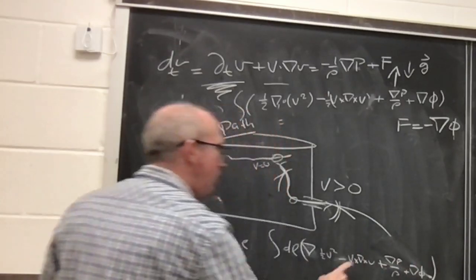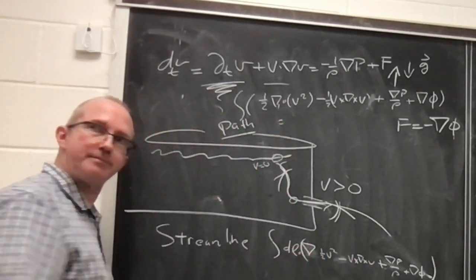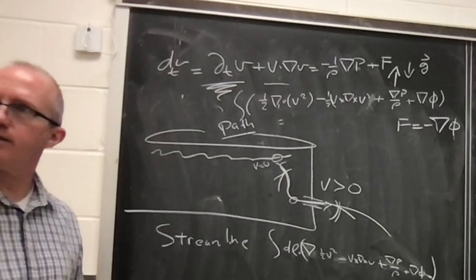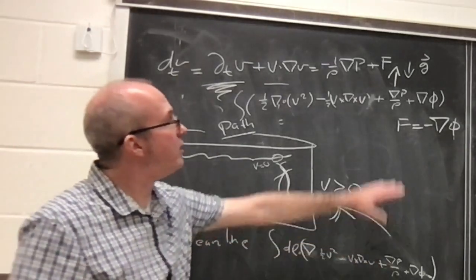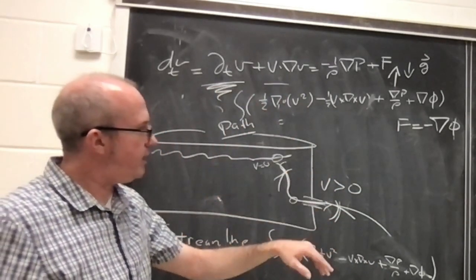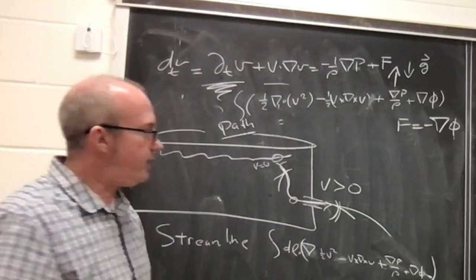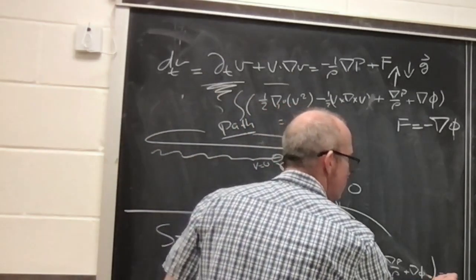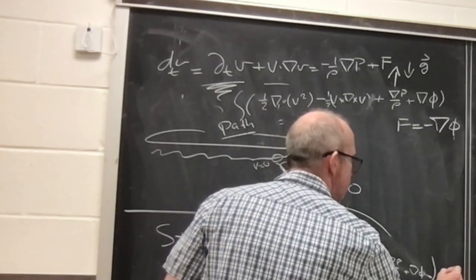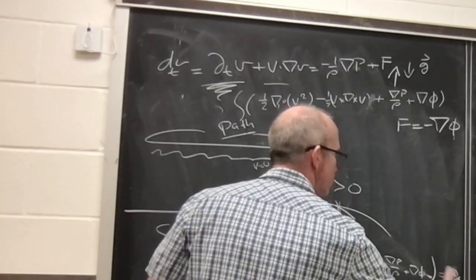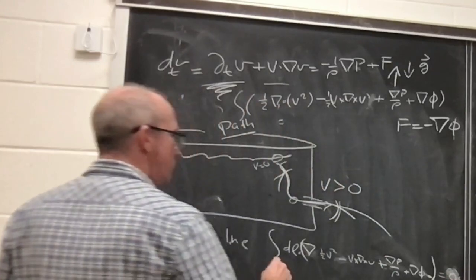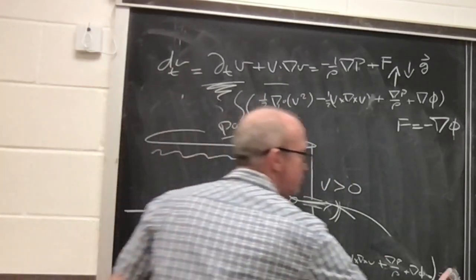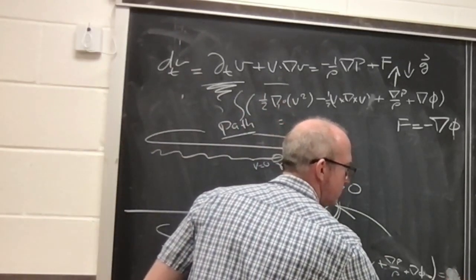We're integrating all of this dot dl. Does that make sense? So I put everything onto one side. I know that the inside equals 0, so the integral has got to be an integration constant.